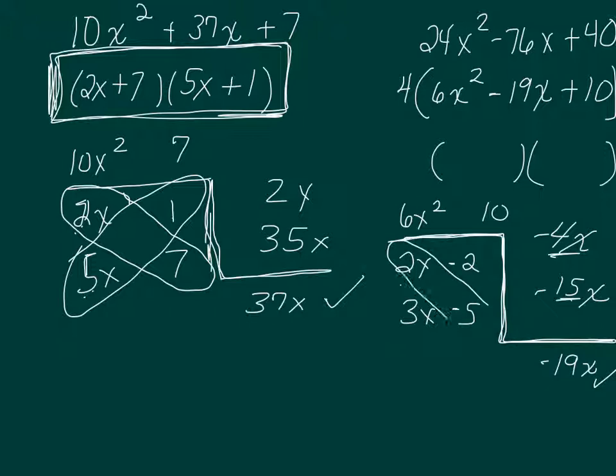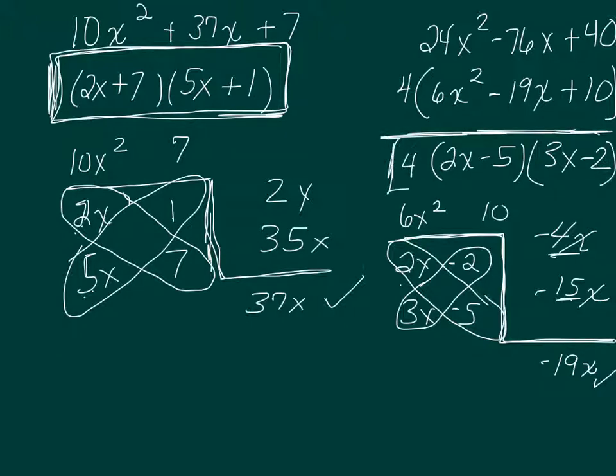So my binomials are 2x minus 5, or 2x and a negative 5, and 3x and a negative 2, or 3x minus 2. So I can't forget about my 4, so I bring 4 down, and this is the full factored form.